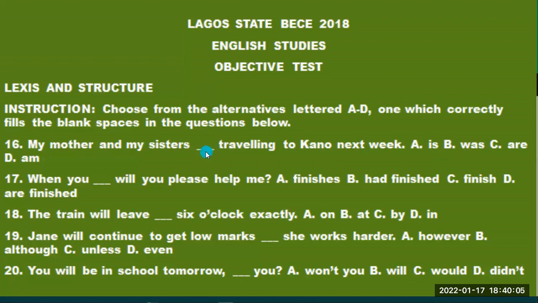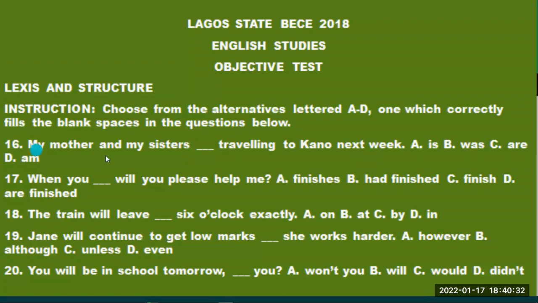Let's try to use it to fill this blank space, and I want you to listen to it and test the grammaticality of the sentence that will result from it. My mother and my sisters is traveling to Kano next week. Does that sound grammatically correct in your ears? Of course it doesn't. And the reason is simple.